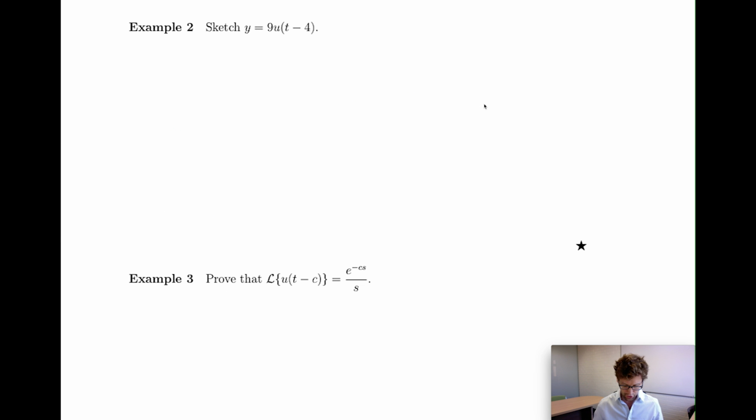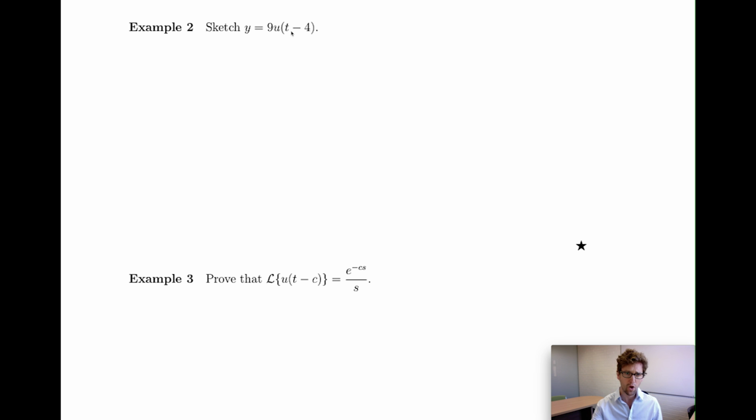So let's try and sketch the function y is equal to 9 times the Heaviside function u(t minus 4). So just take a look first of all at the piece u(t minus 4). We can see that this is going to be a switch, and it's going to be equal to 0 when this argument is negative, and it'll be 1 when the argument is positive.